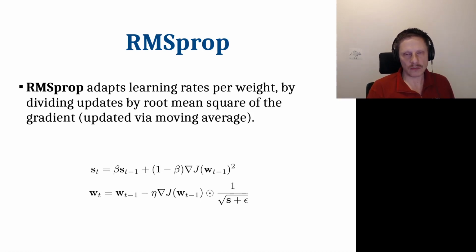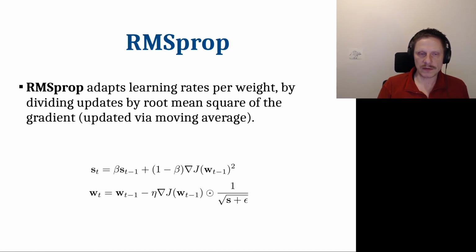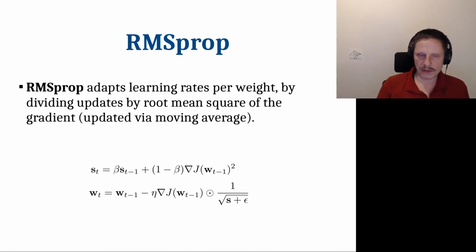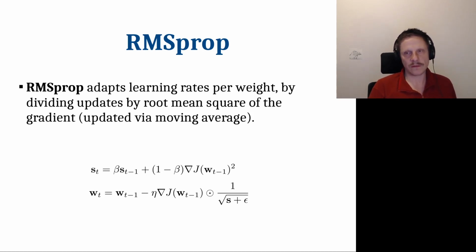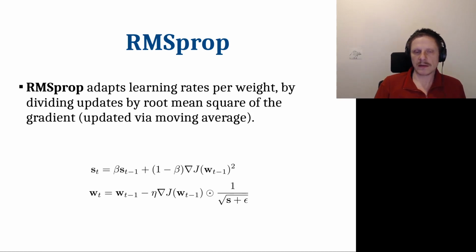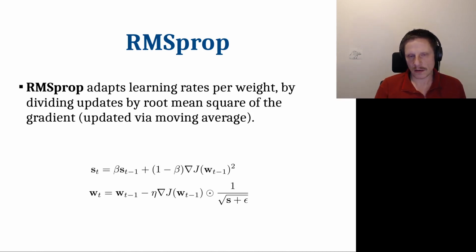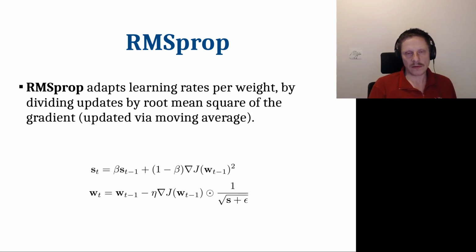So this is again what is shown here in these formulas. We have this term s_t, where t stands for the current point in time, and it's a combination of two things. The first one is the previous value of s_t, weighted by beta, and the second component is the square of the gradient of the objective function weighted by 1 minus beta.